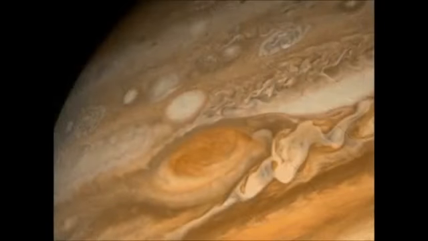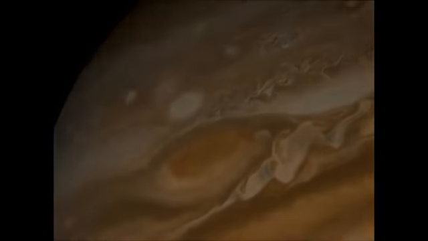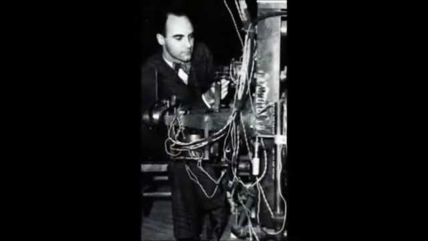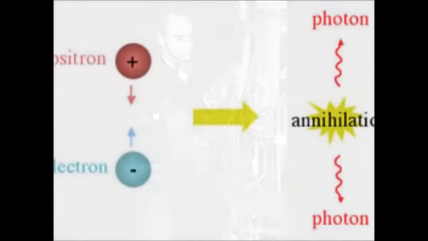There is evidence that celestial bodies make their own matter, at least anything with a magnetic field. But how can that happen? In 1932, Carl Anderson discovered a particle called a positron and won the Nobel Prize. A positron is just like an electron, the same weight and size, but it has a positive charge.